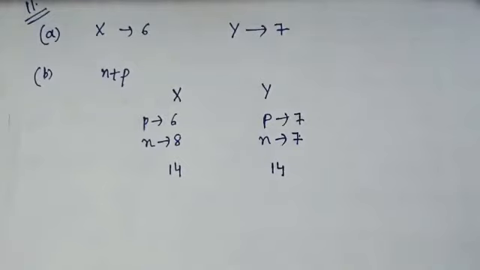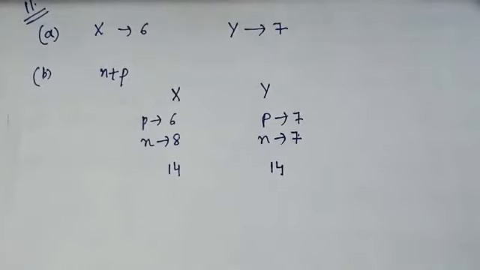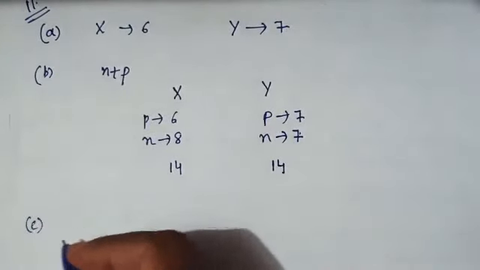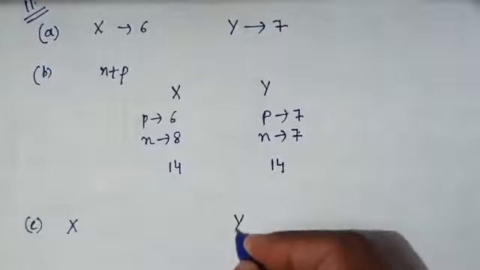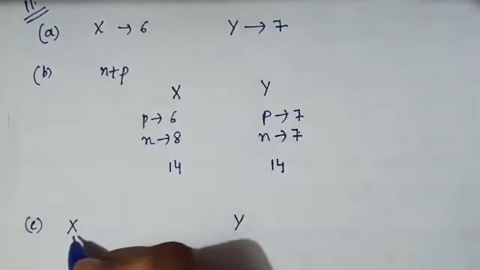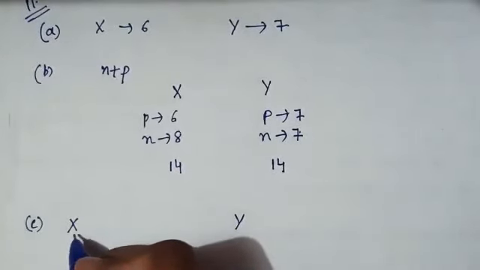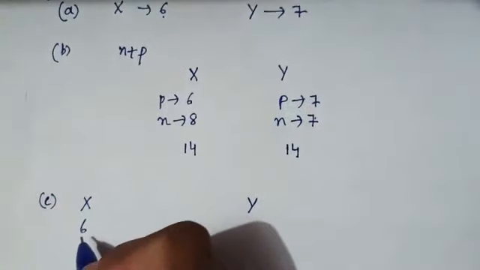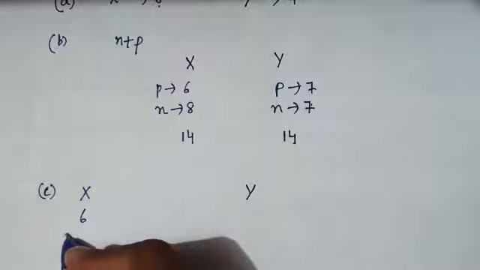Clear, students? Now coming to C option, write down the electronic configuration of elements X and Y. For element X, what is the number of protons? Number of protons is 6. It means the atomic number is 6. So write down the electronic configuration.